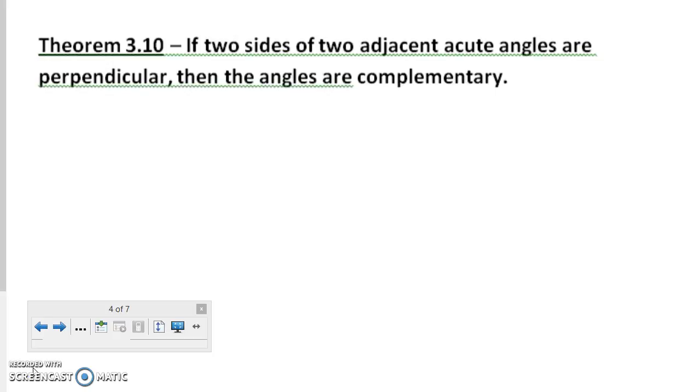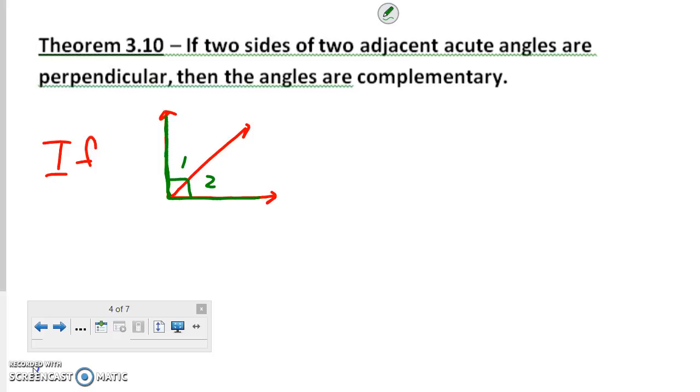If two sides of two adjacent acute angles are perpendicular, then the angles are complementary. I think this one's a little wordy, but let's draw that. If we have two adjacent angles and the sides are perpendicular, meaning that this side is perpendicular with this side, what does that tell us about the two angles? It tells us that they're complementary. So if we have this situation where we'll put some points on here, we'll say BA, BC.